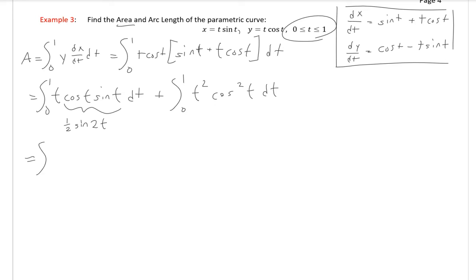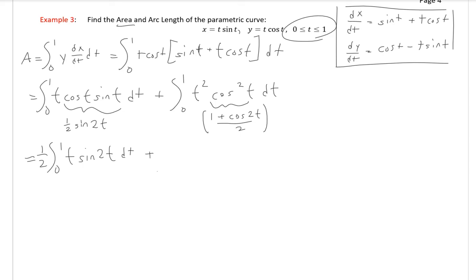So that means this is the integral from 0 to 1, with a 1/2, of t sine of 2t dt. And this one, cosine squared t, I should be able to split that up into (1 plus cosine of 2t) over 2, a half angle identity.